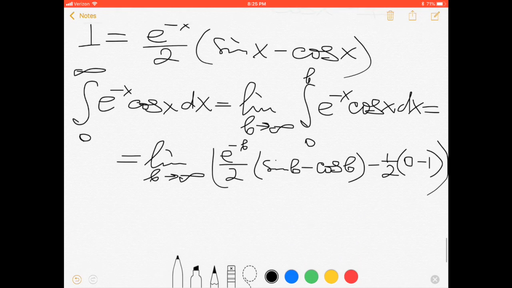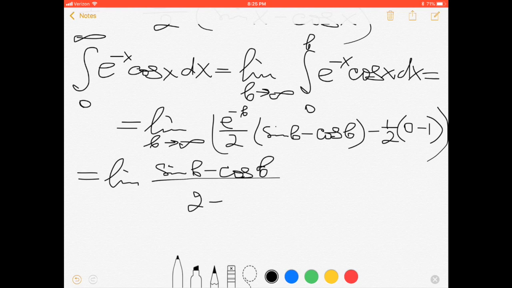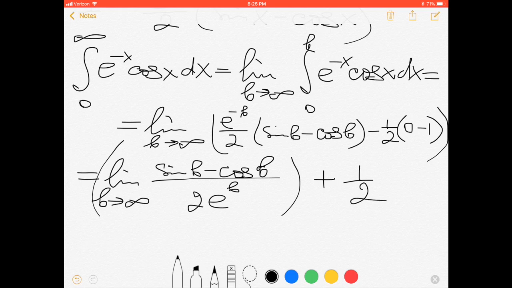Okay, now we start computing this limit. I will write it this way: limit of sine b minus cosine b over 2 times e to the power b as b approaches infinity, and plus 1 half. What do we know about this fraction inside the limit?